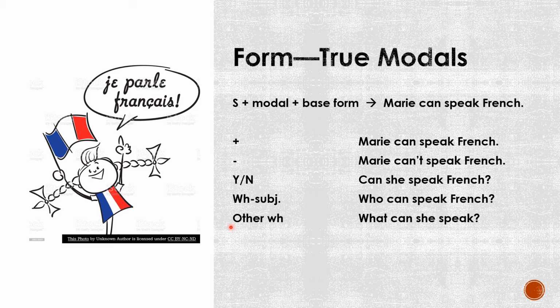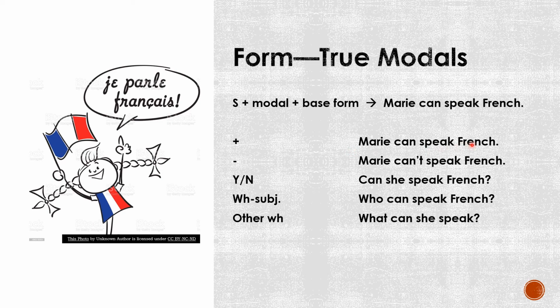So every time we learn a new grammar point at this school, you want to be able to use it in affirmatives, negatives, and these 3 question types. Whenever you've learned a new tense, in this case a modal, and once we move on to future grammar topics. So again, very, very simple.